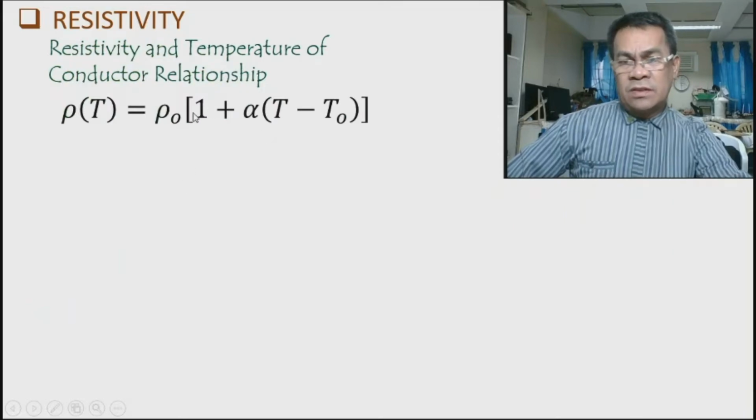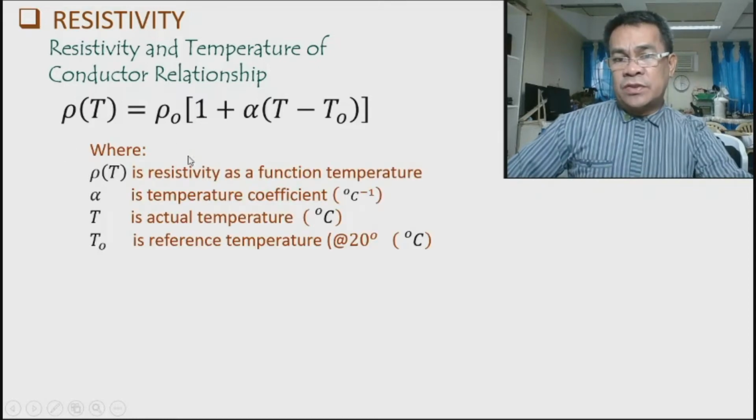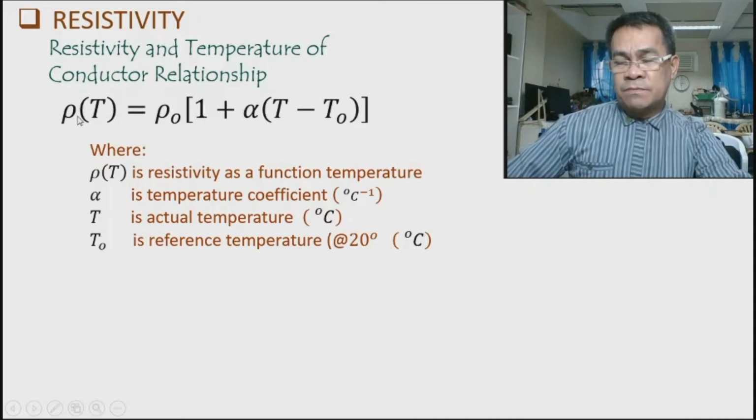So therefore, this is the formula now: the resistivity as a function of temperature. When you say 40, what will be the resistivity at 40 degrees Celsius? The rho here is the resistivity at the reference.